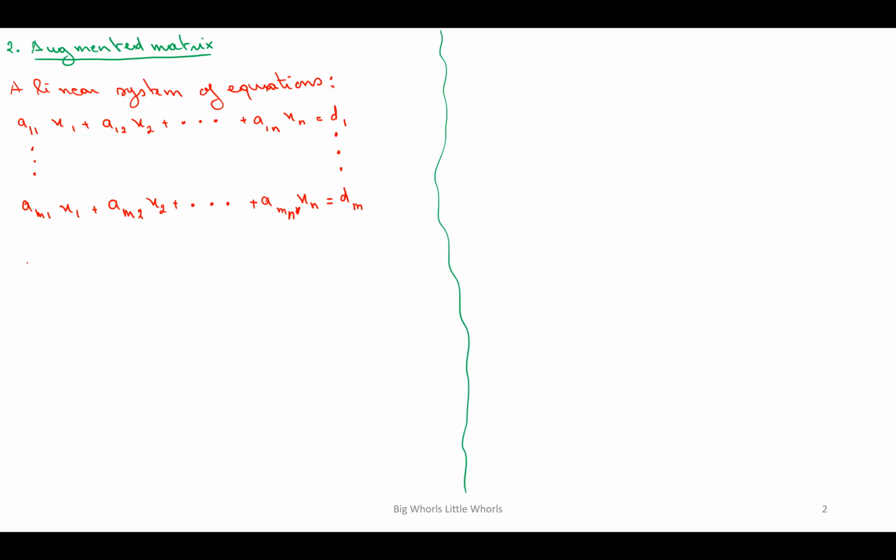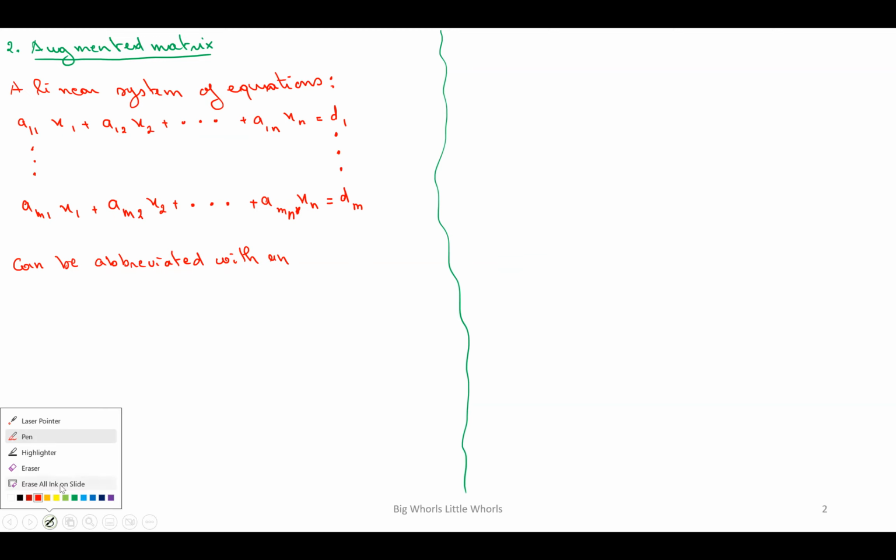So that system can be written or abbreviated. As you can see, we have too many terms or elements to write, so it can be abbreviated with an augmented matrix written as follows.